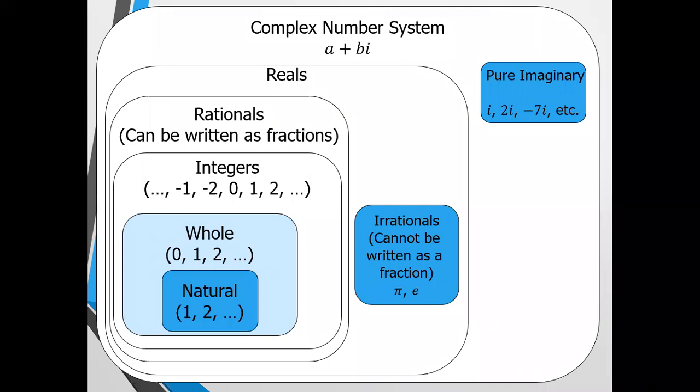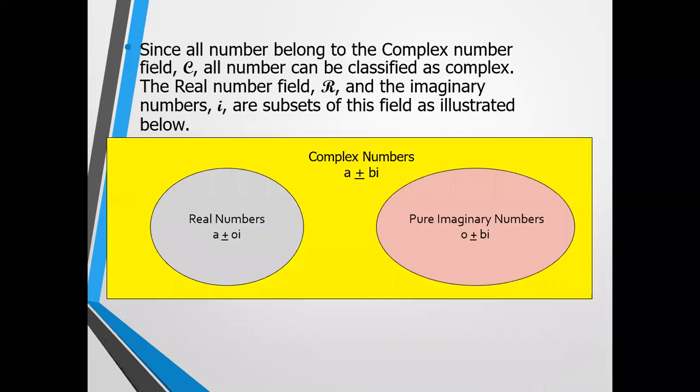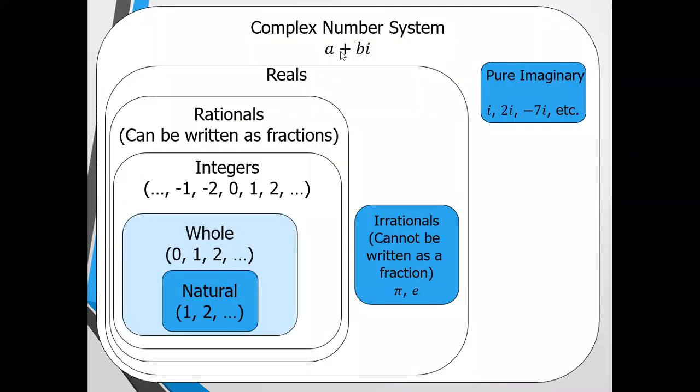Those are purely imaginary. They don't contain any real part. If you want to say they contain a real part, maybe you can say 0 plus what they are, but usually they don't have any real part. And you can also have a mix of both, where you have the real and the imaginary number together.